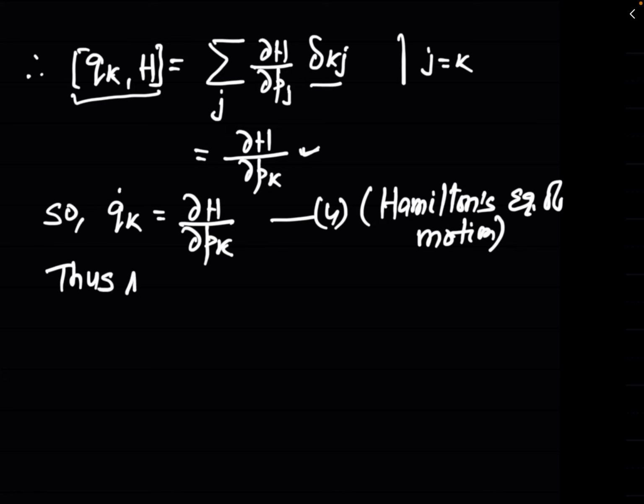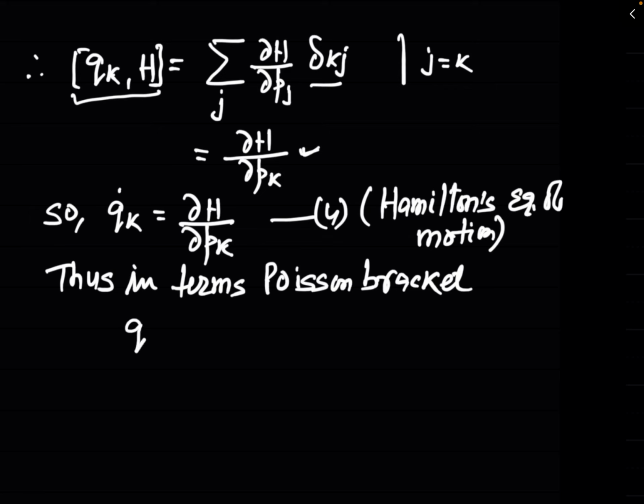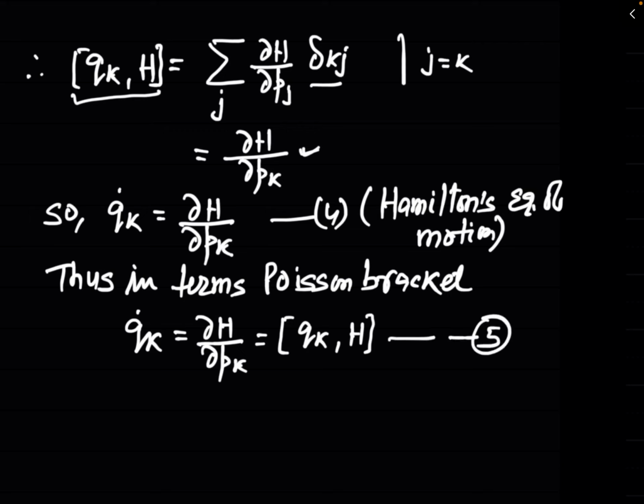Thus, in terms of Poisson bracket, you can write Qk dot equal to del H by del Pk, and this is the Poisson bracket of Qk and H. And actually this is one of the equations of Hamilton.